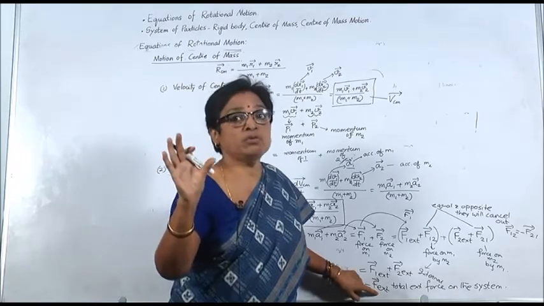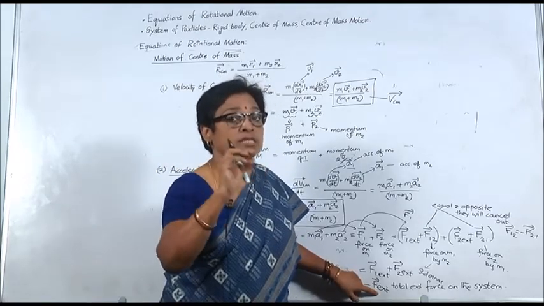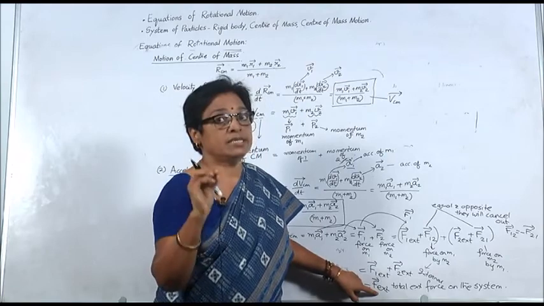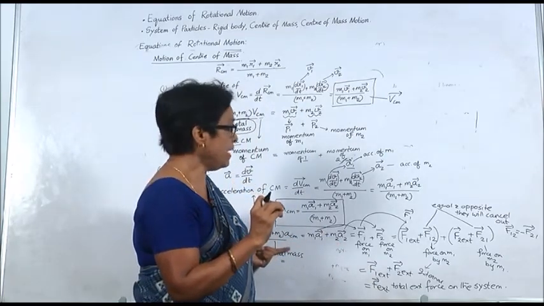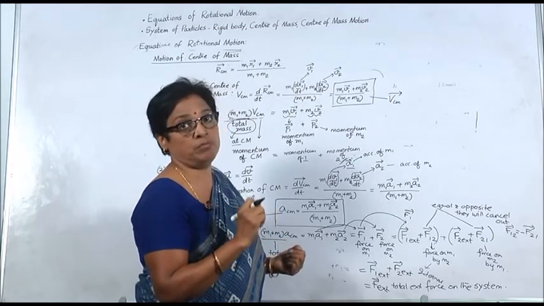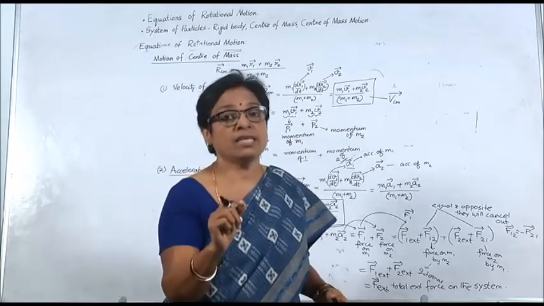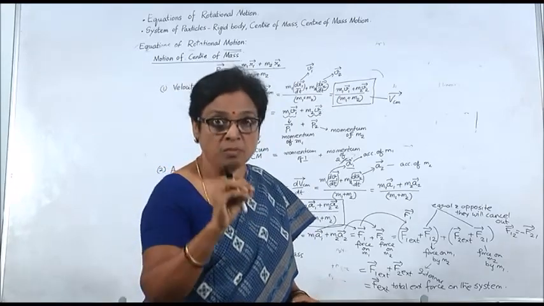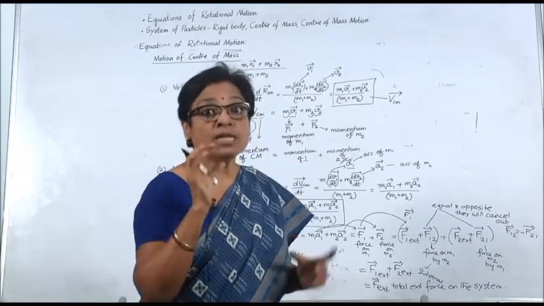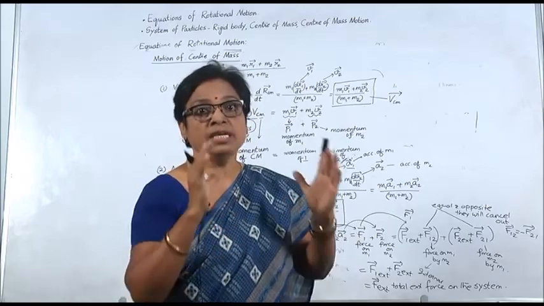You forget about the internal forces. If all the external forces acting from outside act on m1 plus m2, then the acceleration will be ACM. I can consider that all the external forces are acting on the center of mass where the total mass m1 plus m2 is present.